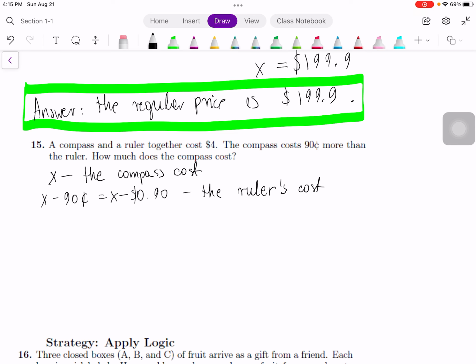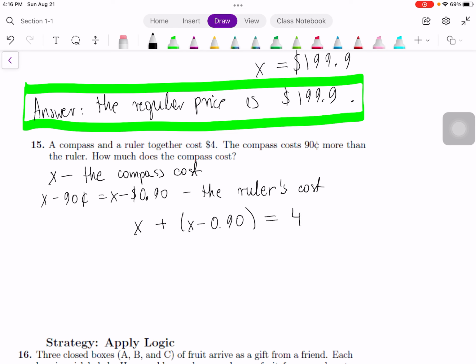So if x is the price for the compass, then x minus 0.9, or 0.90, because we want the price in dollars, is the cost of the ruler. But together they cost $4. So if I add the cost of the compass to the cost of the ruler, it's together $4.